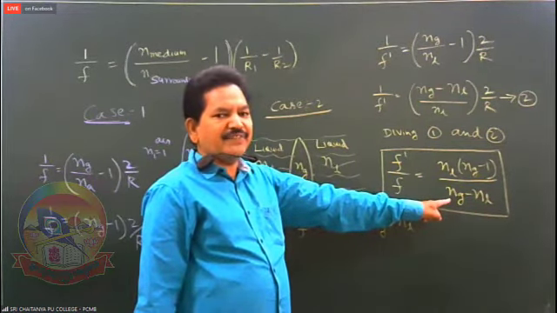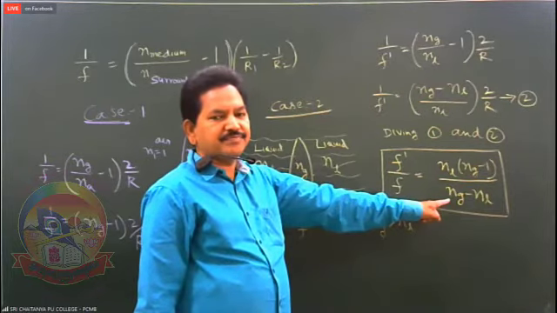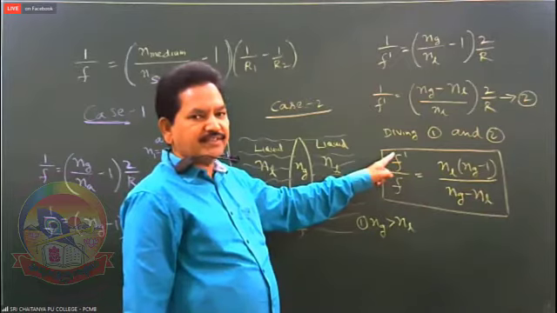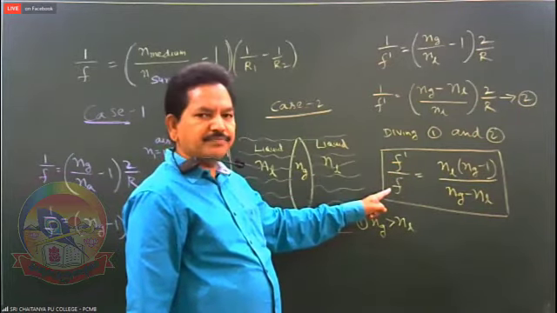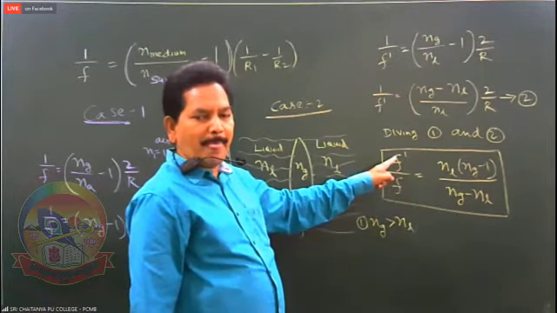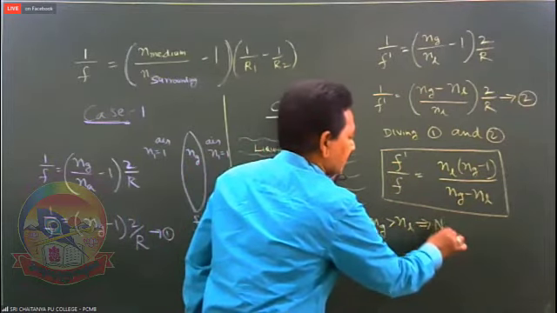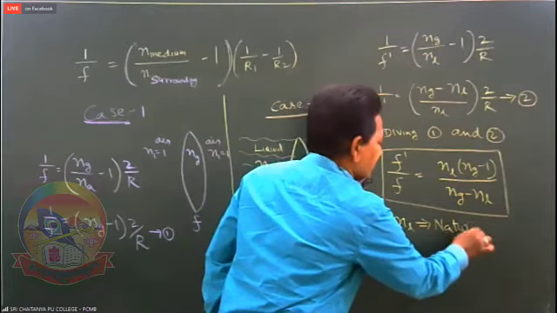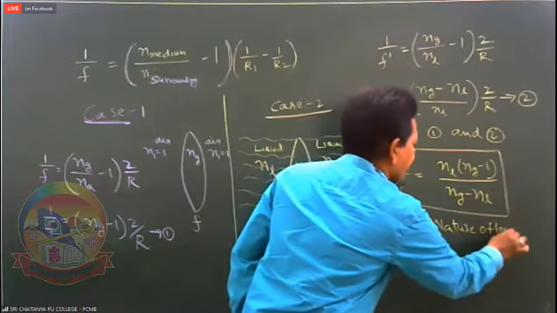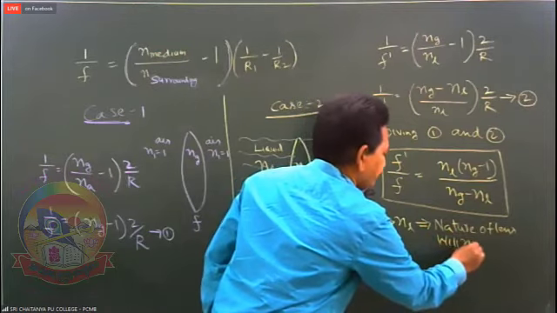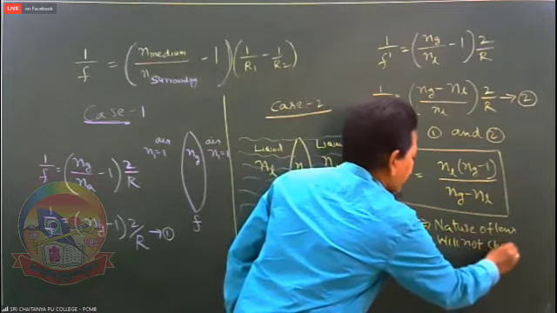The nature of the lens will not change. If it is convex, this is also convex. If this is concave, this is also concave. What is the meaning?